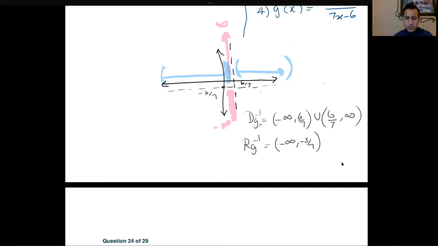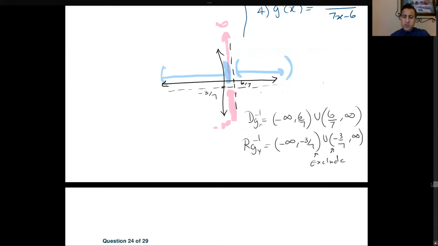Of course, for the domain we're looking at the x's, and for the range we're looking at the y's. And I'm not putting brackets, only parentheses, because that means exclude, not include. If you put brackets, it won't make sense, as you'd be including the number.